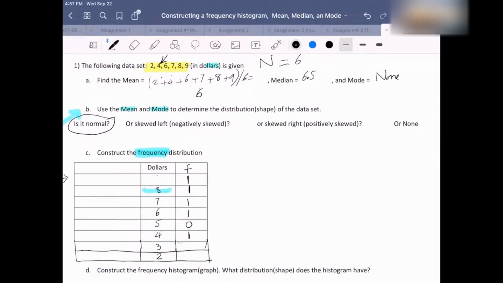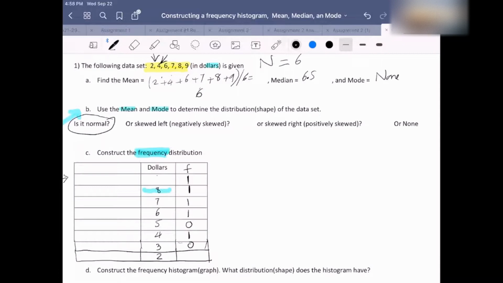All right, next, number 3. How about Uriel? What is the frequency of number 3? 0. Good, because if you look at the list here, there is no number 3 there, right? So if you don't see any number in that list, that means that the frequency is 0, okay? All right, let's move on to number 2.